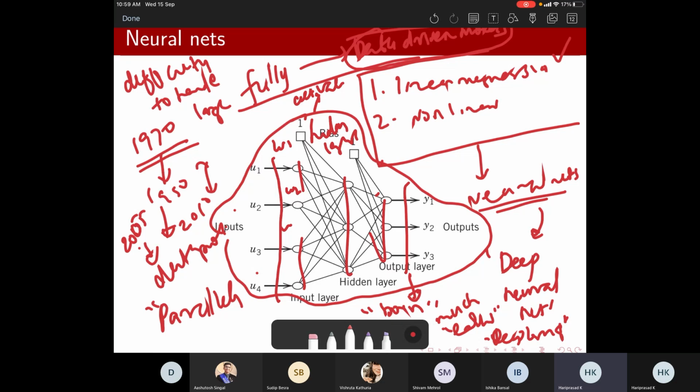The inputs are multiplied with the weights, then summed, and at each hidden layer they are operated on by an activation function. This procedure is followed until you reach the output. You may have multiple hidden layers or a single hidden layer depending upon the problem. If there are multiple hidden layers, you call it a deep network. If there's a single hidden layer, you call it a simple neural net.